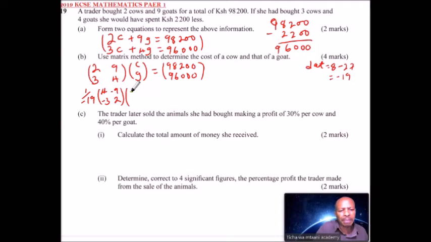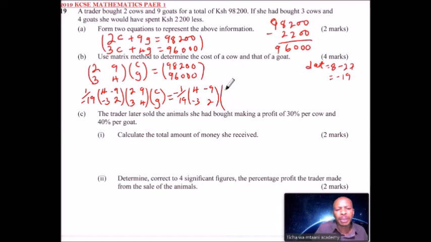We multiply by 2, 9, 3, and 4, that is this matrix, and C and G. What we have done to the left hand side, we also do to the right hand side. So we have 1 over minus 19 into bracket 4, minus 9, minus 3, and 2.